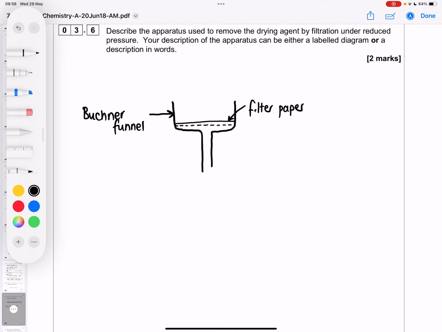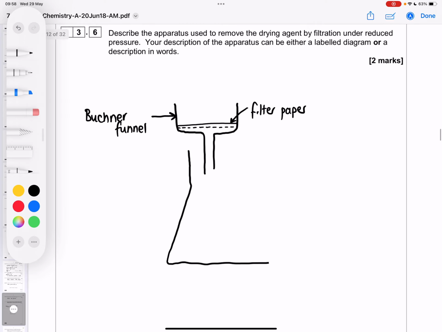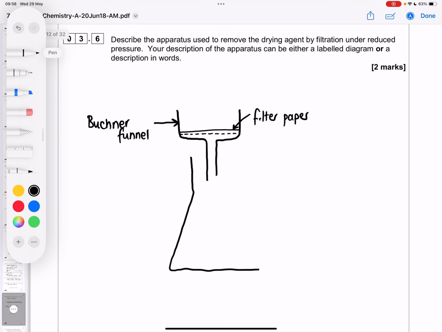And that is then inside our flask. If we imagine we've got a flask, the reduced pressure part of this is that our flask is connected to a pump. I feel like we could make that a tiny bit more symmetrical. Like that.